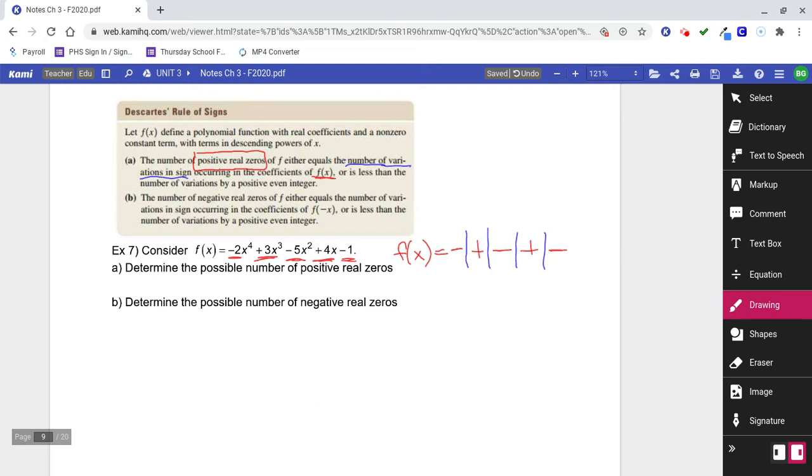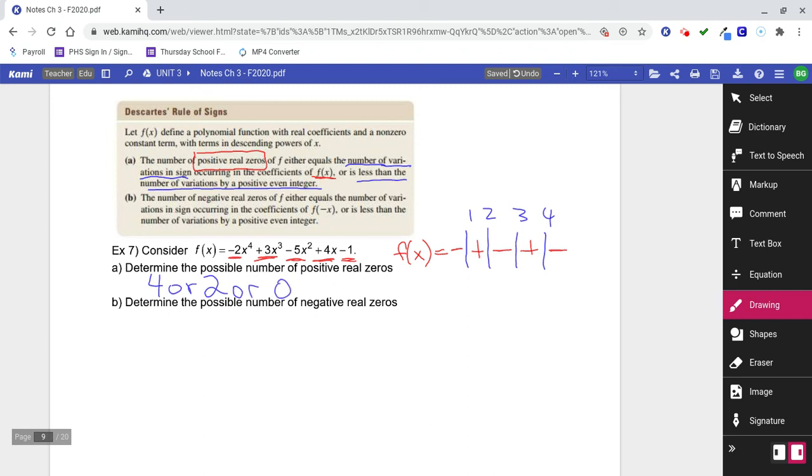I see 1, 2, 3, 4 variations in sign. 4 sign changes, okay? So this answer is either 4 or, and then it says less than the number of variations by a positive even integer. Basically what you're going to do is subtract 2 until you get to 0. Okay? It's either 4 or 2 or 0.